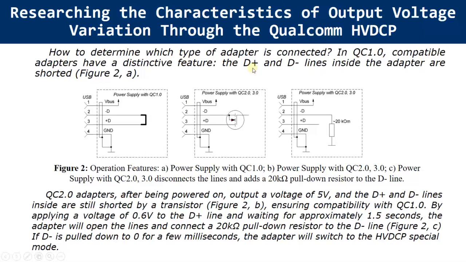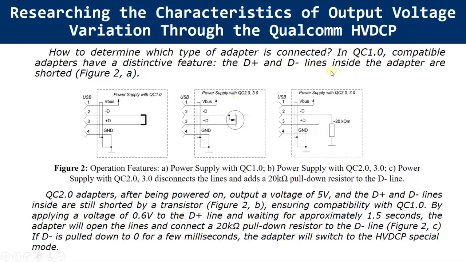Ensuring compatibility with QC 1.0, by applying a voltage of 0.6 volt to the D+ line and waiting for approximately 1.5 seconds, the adapter will open the lines and connect a 20 kilo ohm pull-down resistor to the D- line. Figure 2c.